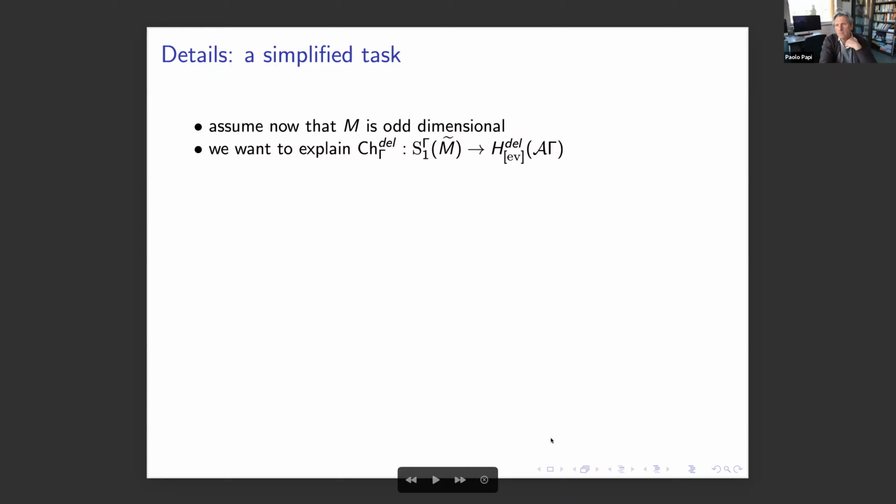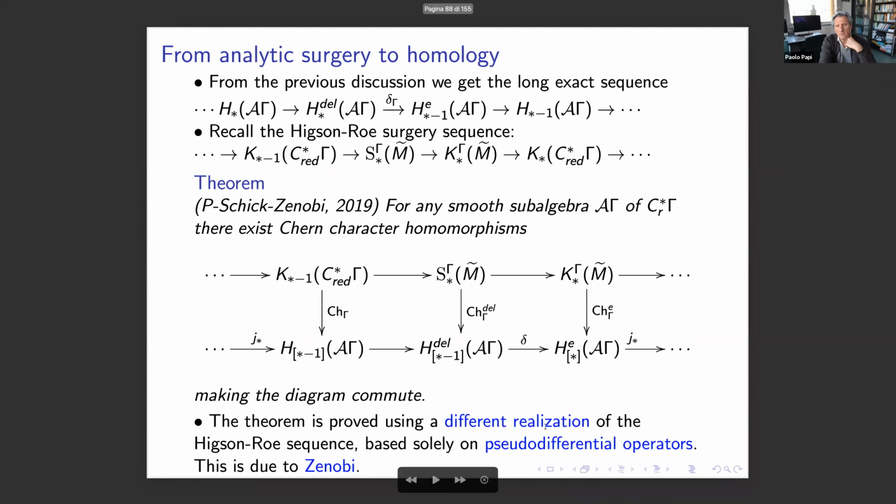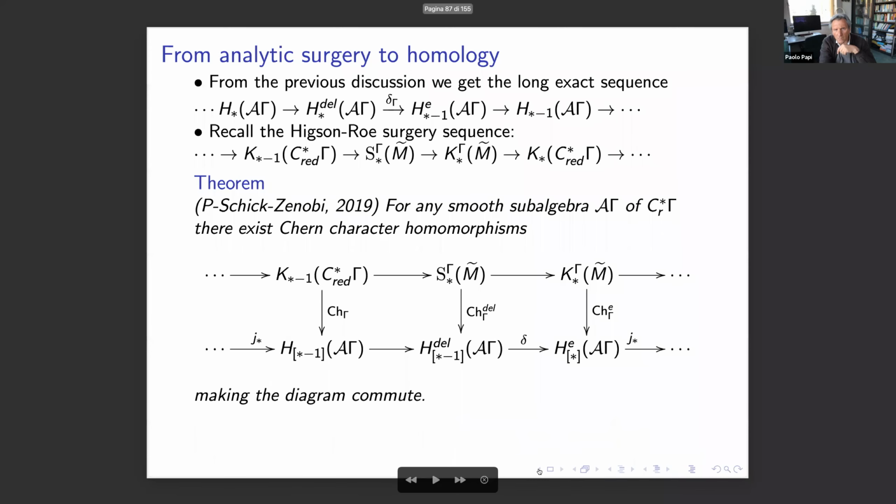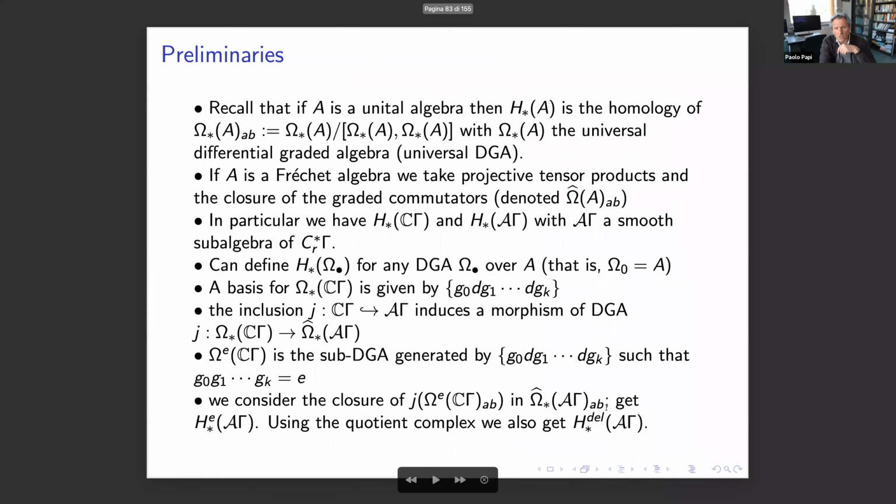Sorry, Paolo. Because it was so important, could you please go back to the previous slide? Could you explain this superscript? So HE I understand, this is the localization at the neutral element of a group. And then this DEL, what does it stand for? I explained it in the previous slide, so let me go back for you. You look at these last two lines.